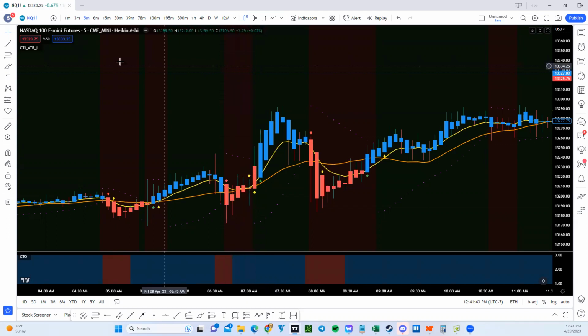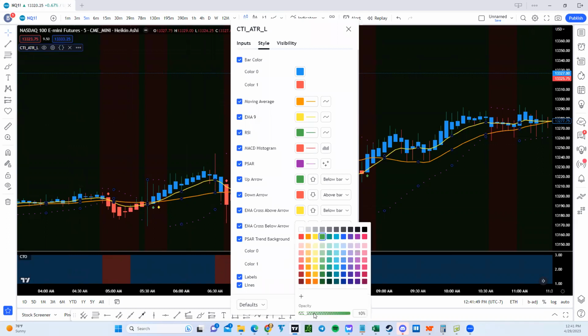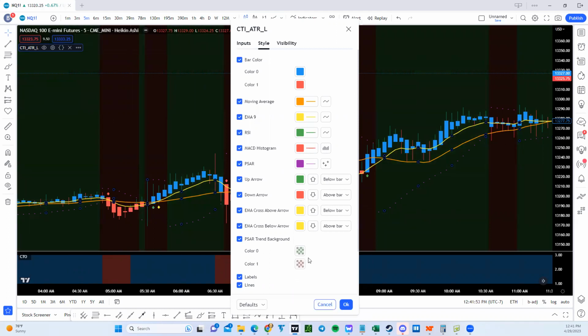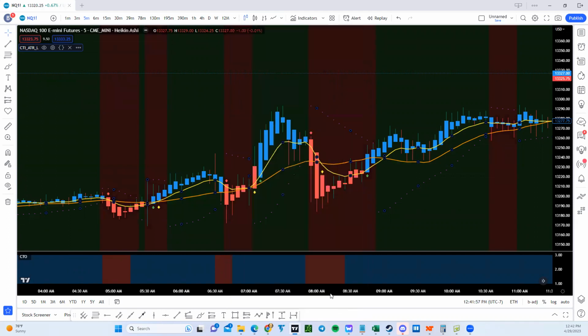It changed the background, and I'll adjust that now because it is a little difficult to see. I don't want to make it too bright. But you can adjust pretty much all the settings in this. It flipped the background to red, representing it detected a downtrend.